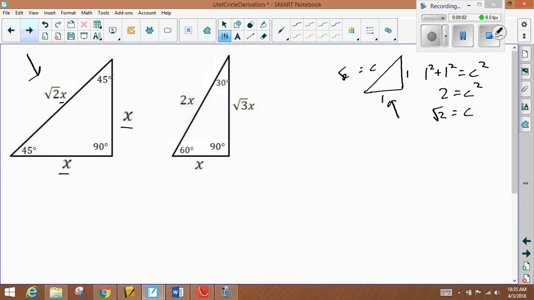So I can represent this as our actual triangle. They're not the same triangle. I'm trying to show you where the root 2 comes from.